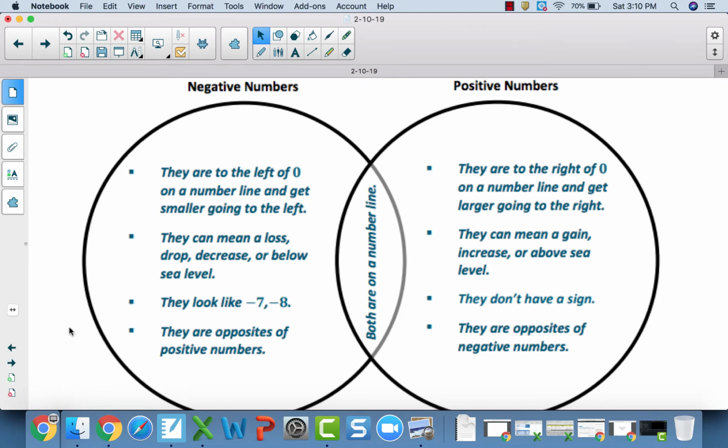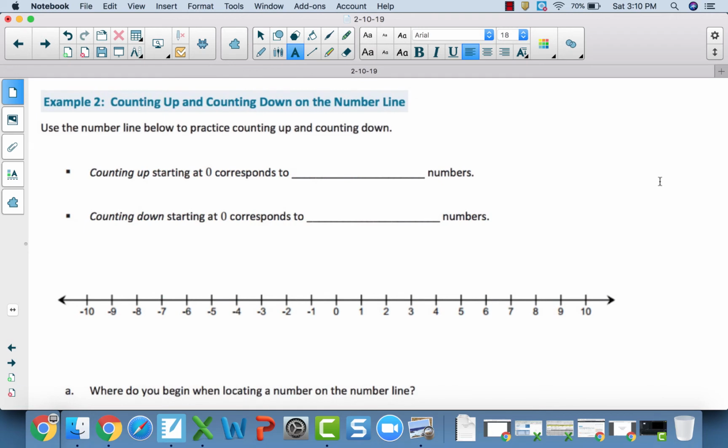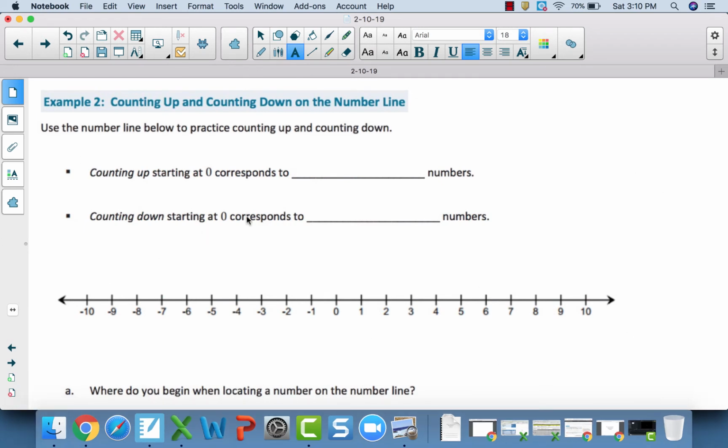You can have more. Now we're going to use this number line to practice some counting up and counting down. If you count up starting at 0, this is going to correspond to a positive number, because positive numbers are to the right of 0, and that's what we're talking about when we're counting up. So counting down will represent negative numbers.